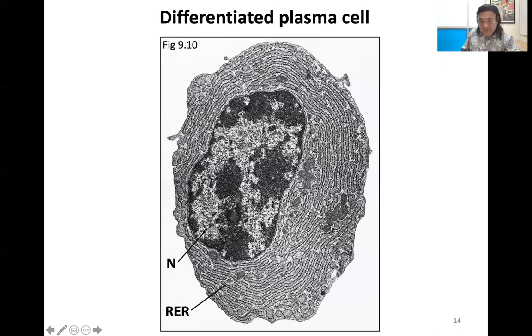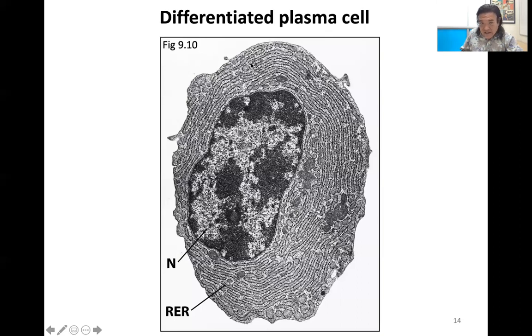Right? And so inside the nucleus, right, the recombined immunoglobulin loci are busy being transcribed, right? The messenger RNA is then being translated by the millions upon millions of ribosomes that are all over this extensive ribosome endoplasmic reticulum network.